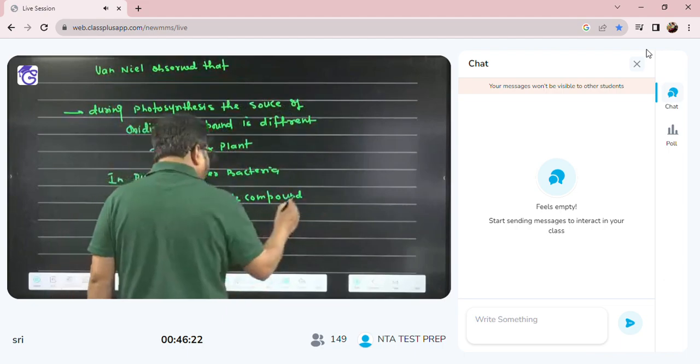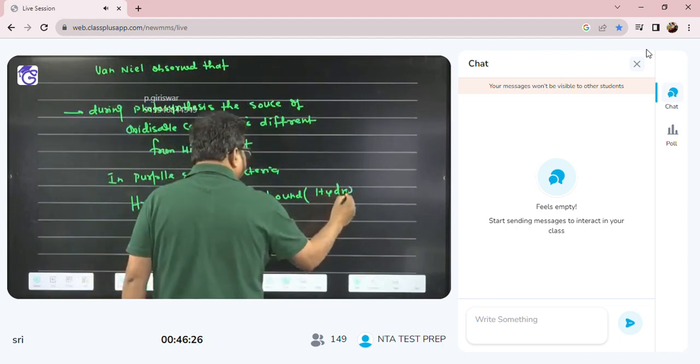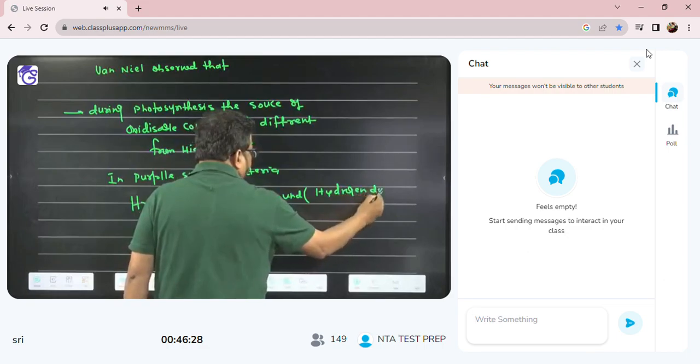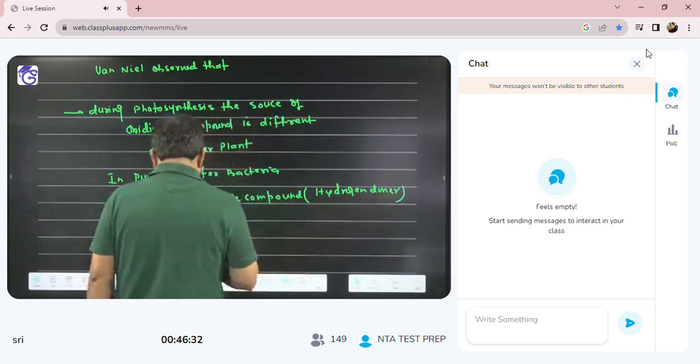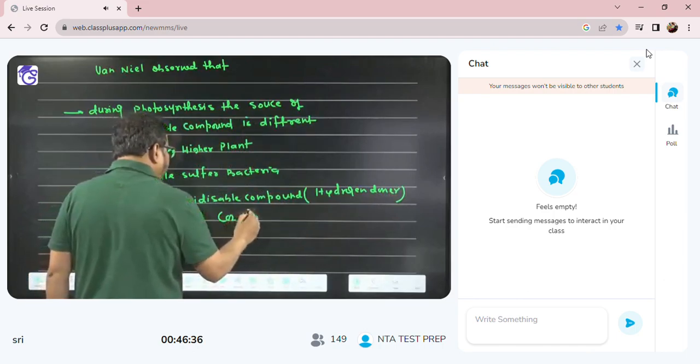Oxidizable compound means what? Hydrogen donor to reduce CO2 into carbohydrate.